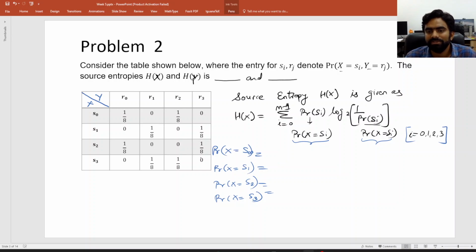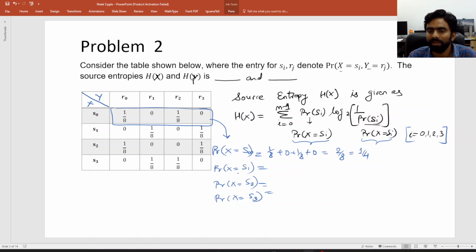It will be the sum of all the probabilities in the row for S0. So it would be 1 by 8 plus 0 plus 1 by 8 plus 0, which is 2 by 8, that is 1 by 4.